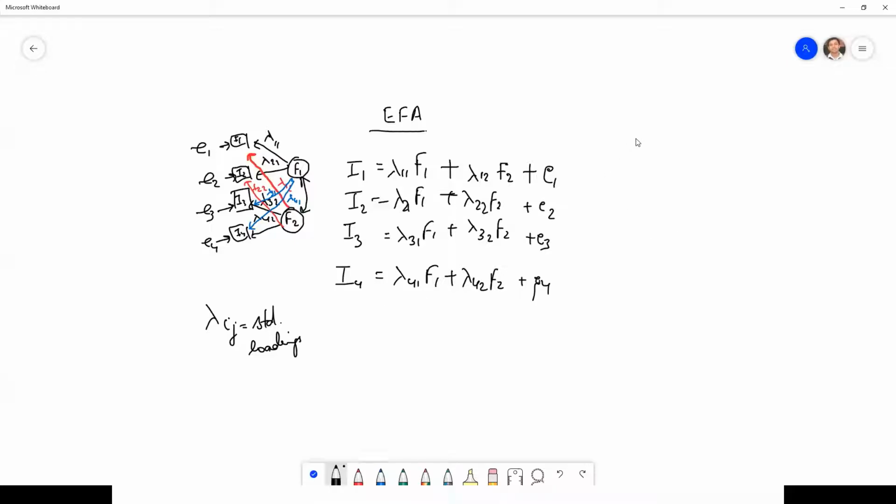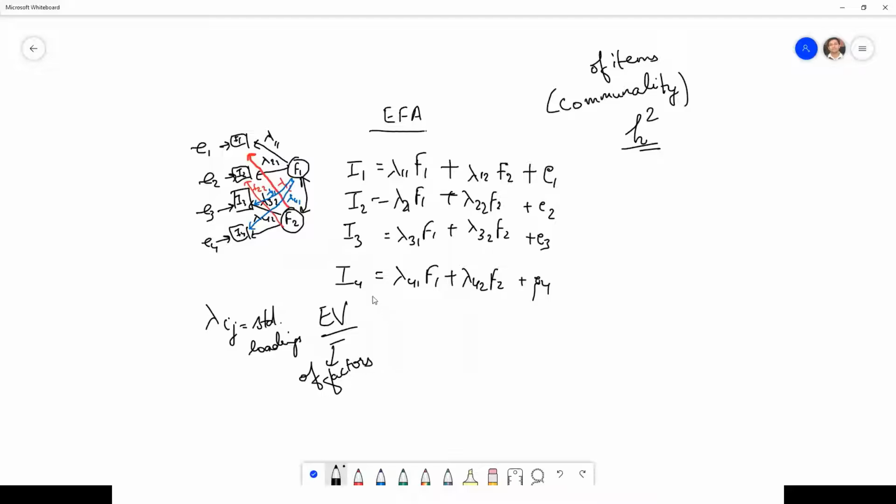There are two terms that are reported very often. One is H square, which stands for communality of the items. The second is eigenvalues, the eigenvalues of factors. Remember, communalities are of items and eigenvalues are of factors. So how are these reported?